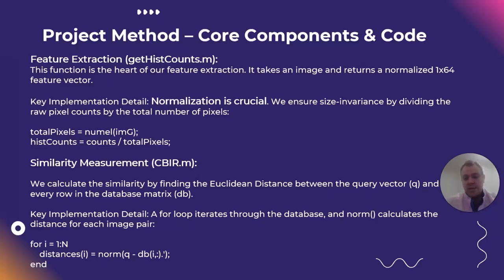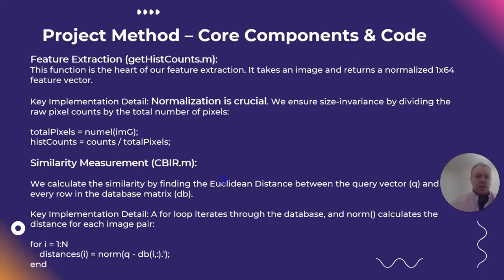Then this gets the histogram count from that 6-bit image. This was one of the key components of the project, getting the features from the image. It takes an image and returns a normalized 1 by 64 feature vector. And like I said in the previous slide, you have 100 of those. It's 100 by 64.